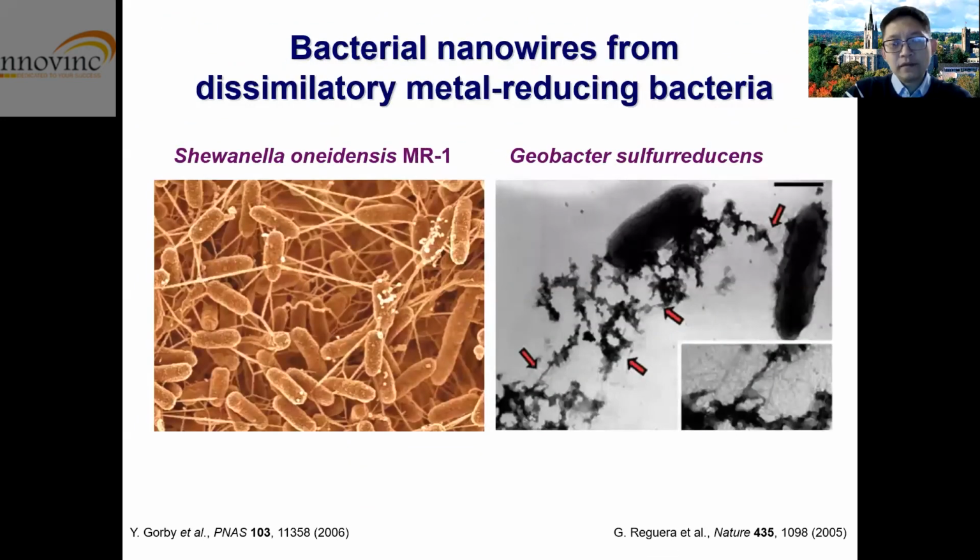This phenomenon was first discovered in 2005 and 2006 on dissimilatory metal-reducing bacteria. For example, on two types of bacteria, Geobacter and Shewanella MR1, people discovered these two types of bacteria can grow bacterial nanowires which are conductive.